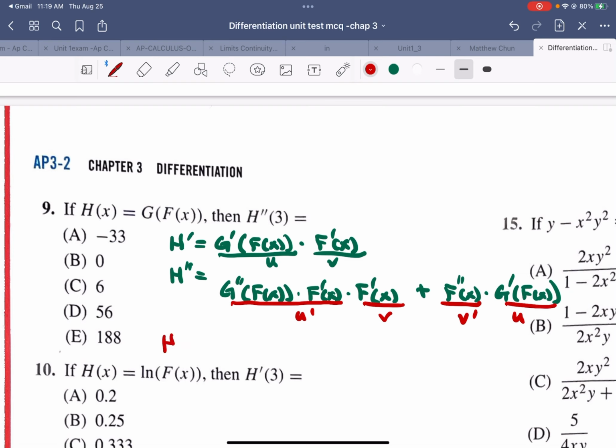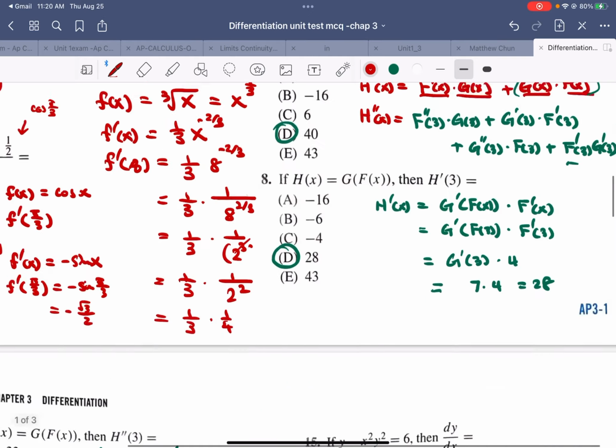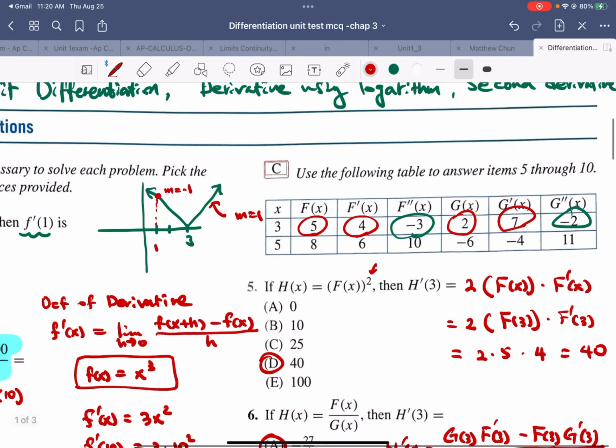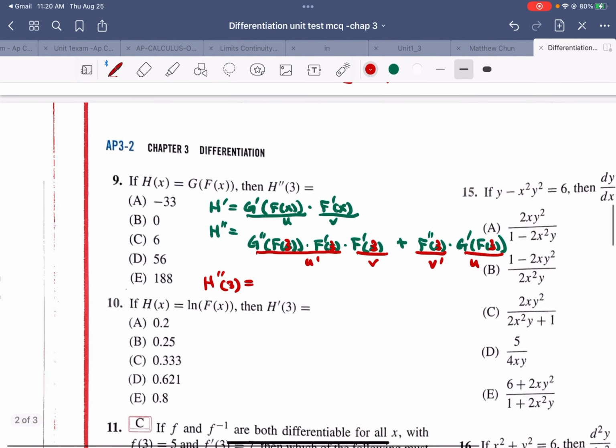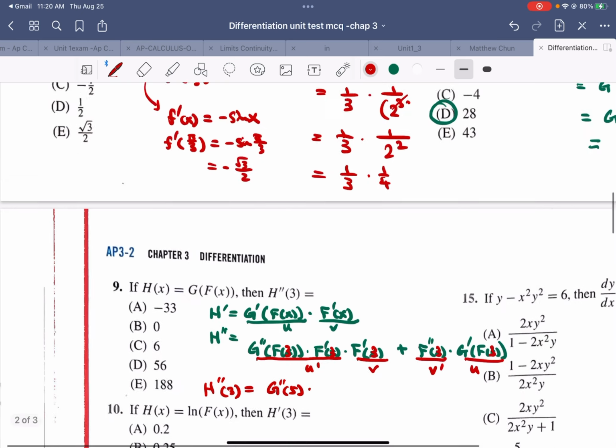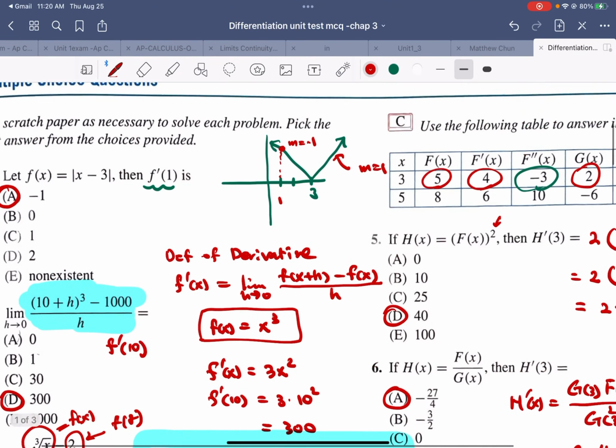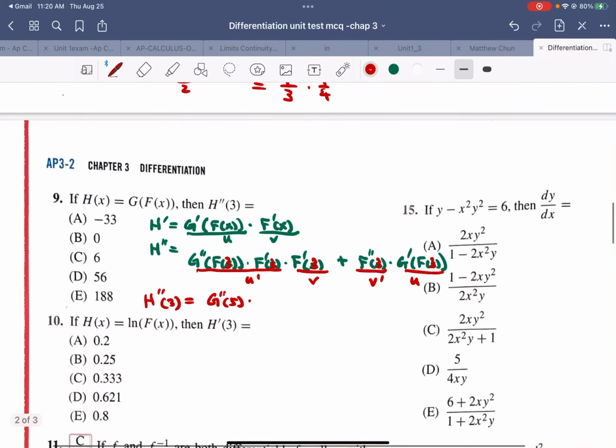Now let's plug it in. So h double prime of 3 equals, you plug in all the 3s here. So what is f of 3 in the table? F of 3 is 5. So g double prime of 5 times f prime of 3, which is 4.